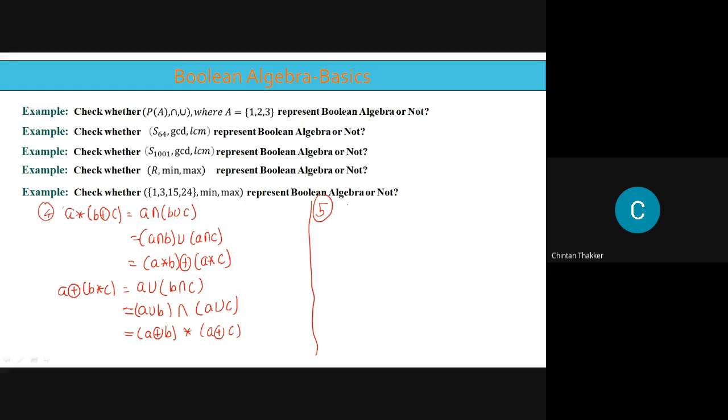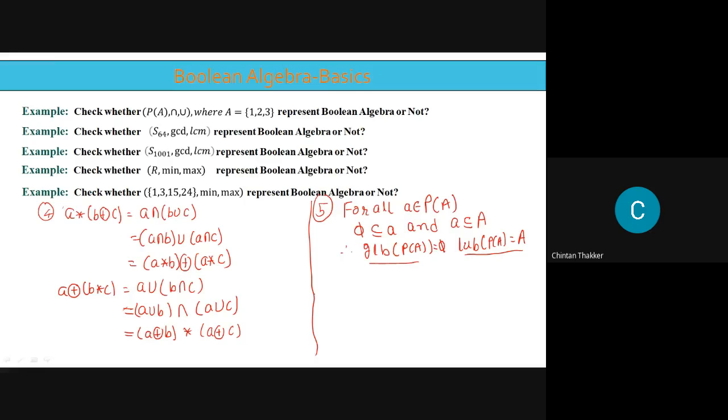So here for all A belongs to P of A, phi is a subset of A and A is a subset of capital A. So therefore, GLB of P of A is phi, and LUB of P of A is capital A. So this is a zero element and this is an I element. So it is a bounded lattice.